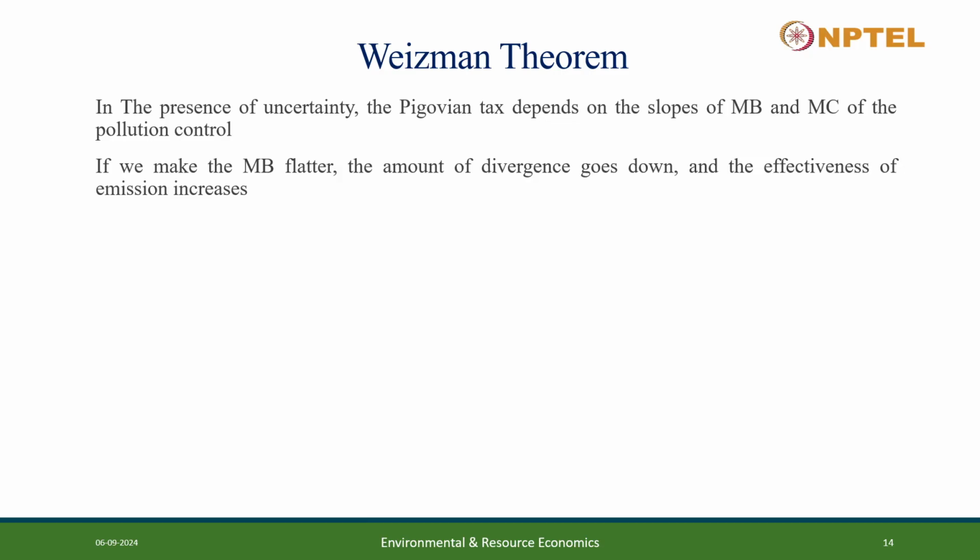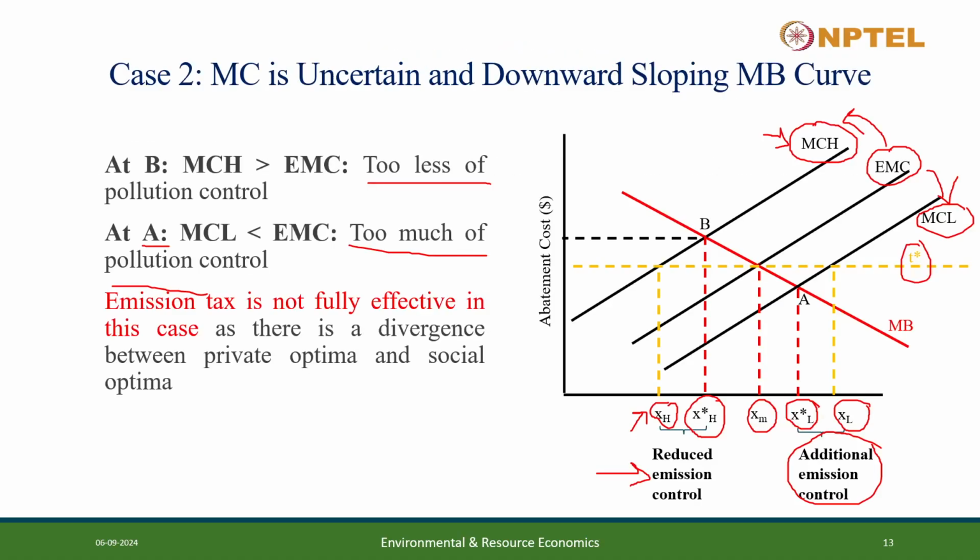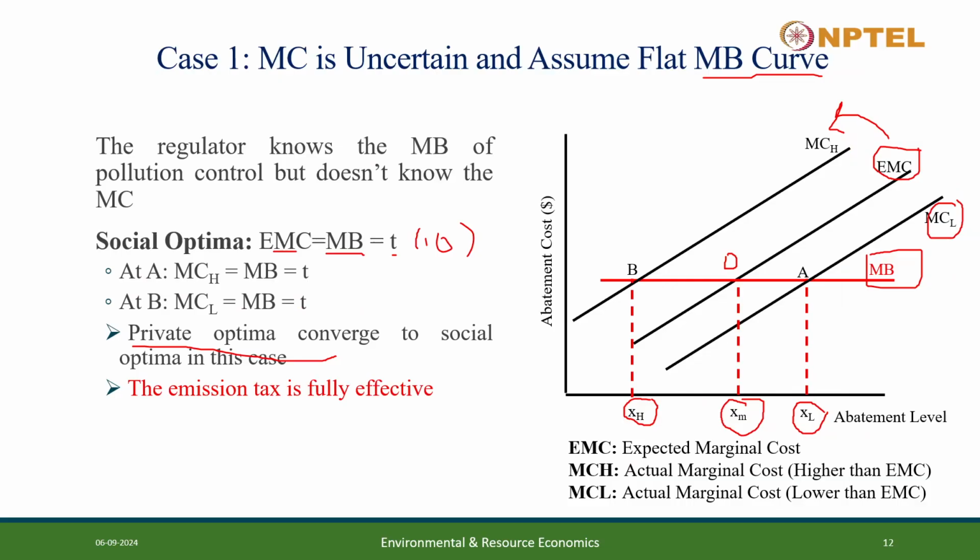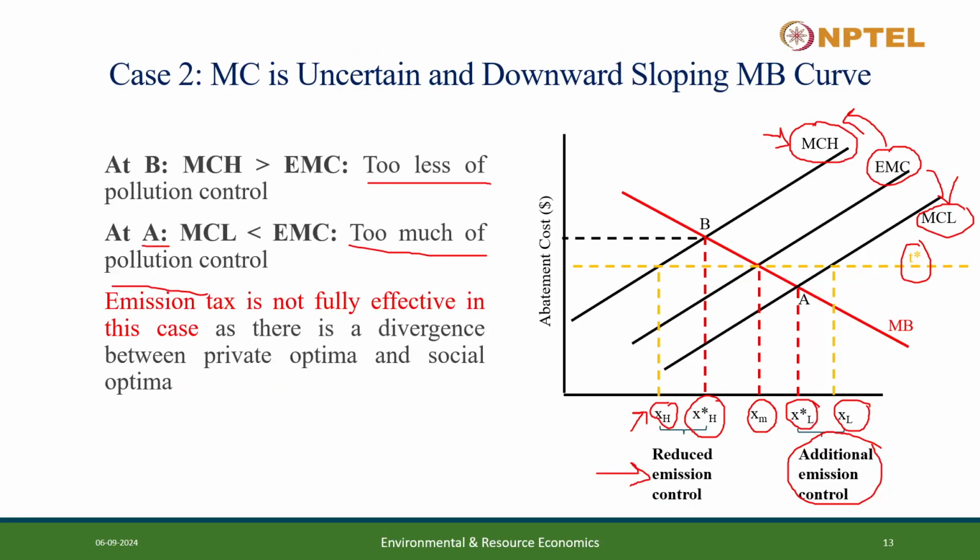If we make the MB flatter, the amount of divergence goes down and the effectiveness of emission tax increases. So as we have seen here, in case 1, the MB is flat where the emission tax is fully effective, and in case 2, the MB is downward sloping and emission tax is not fully effective.